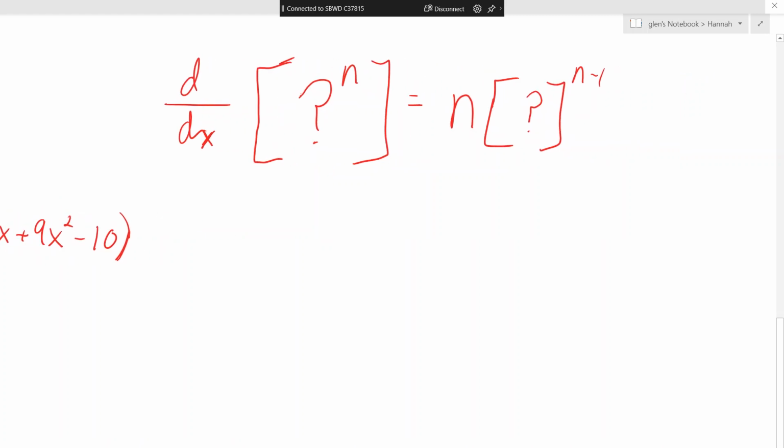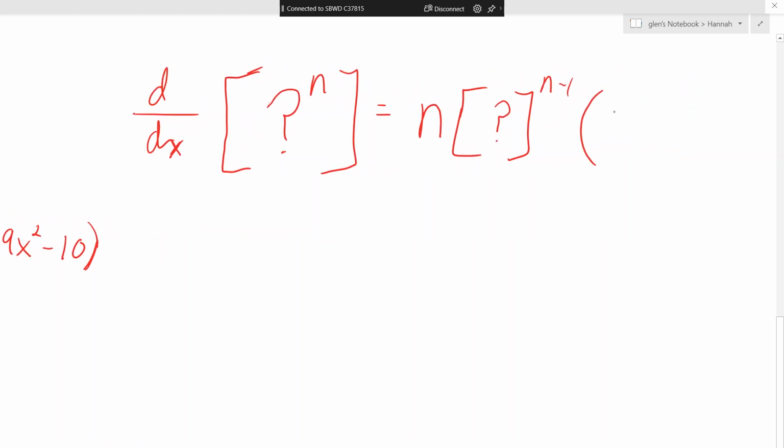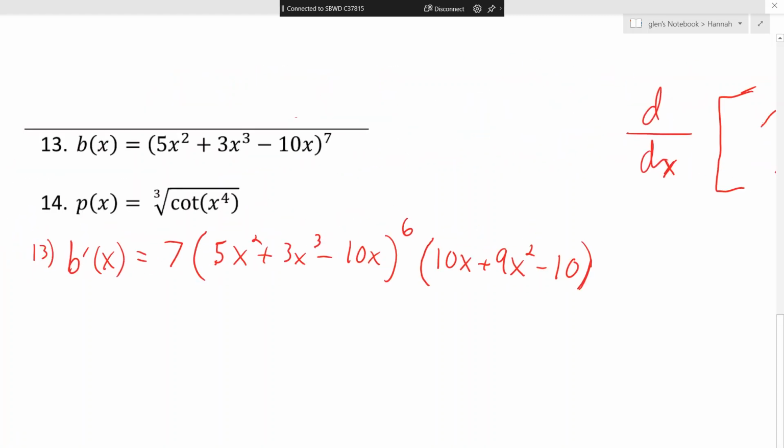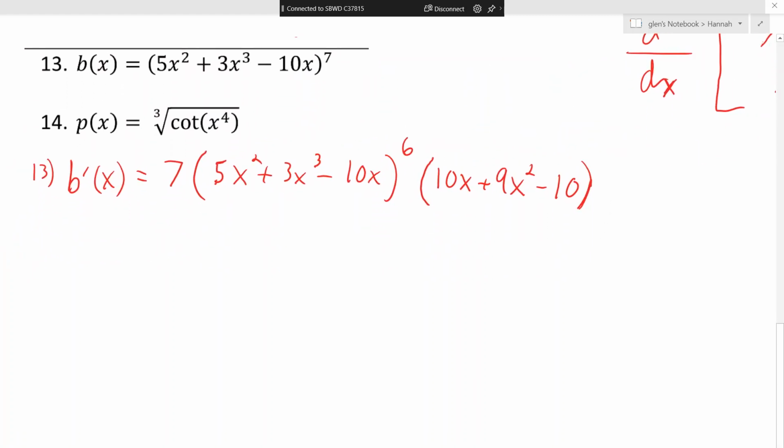Does that make sense? That's power rule. And then times the derivative of whatever was sitting in that power. That's just the chain rule. Okay?